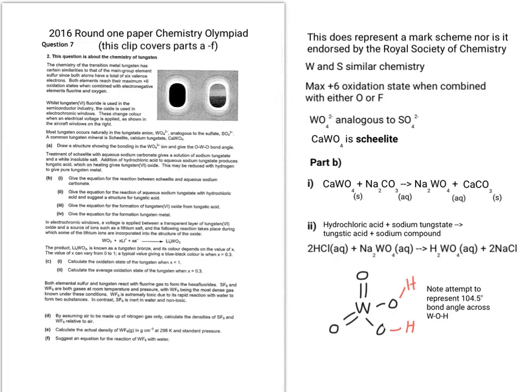I'm trying as well to represent the nonlinear shape, the 104.5 degree bond angle across the tungsten oxygen hydrogen bond, because earlier I was making sure that I was trying to represent the tetrahedral shape, or 109.5 degree bond angle across OWO.